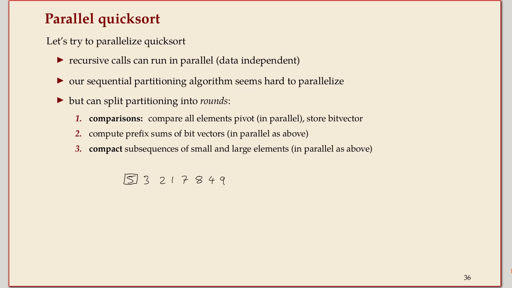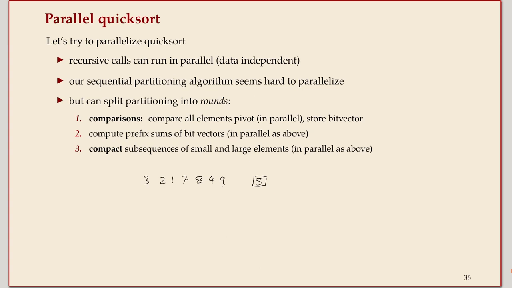Let's suppose we use the element 5. I think the code I had was to take the last element as a pivot, so let's make it the last. Number 5 is our pivot element, which also means that we don't have to partition the 5 itself. That's out of the game. What remains to be done is the other elements should be separated into small and large.